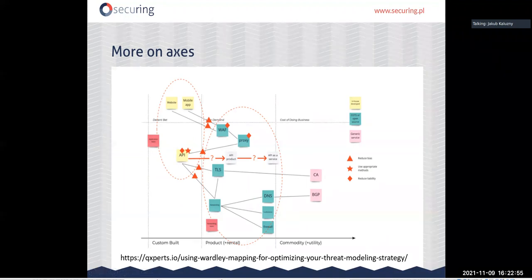He stayed with the evolution axis as in standard Wardley maps, and it allows pretty good output, right? He introduced some ideas to reduce bias and to reduce liability. So these are the movements on this map, which is also a pretty good reason why we should do threat modeling with maps, so that we can log movement, right?